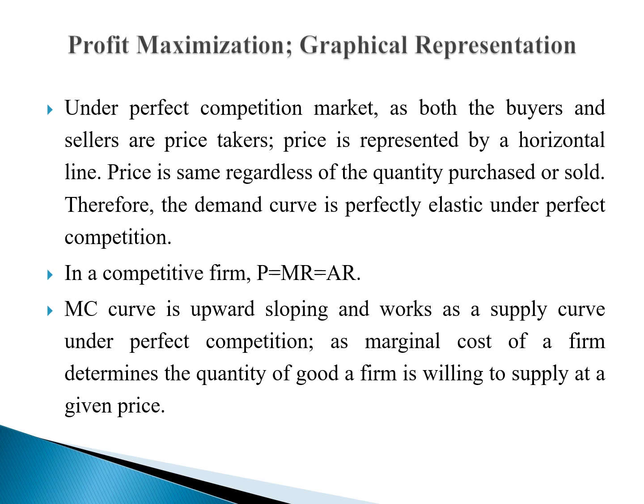In our very first lecture of perfect competition, I mentioned that under a perfectly competitive market, as both buyers and sellers are price takers, price is represented by a horizontal line because price is the same regardless of whatever quantity is purchased or sold, and therefore the demand curve becomes perfectly elastic. Also, in a competitive firm, price is equal to MR is equal to AR.